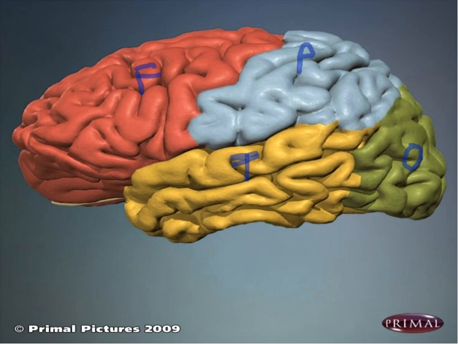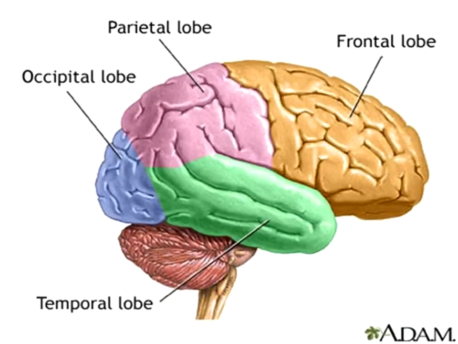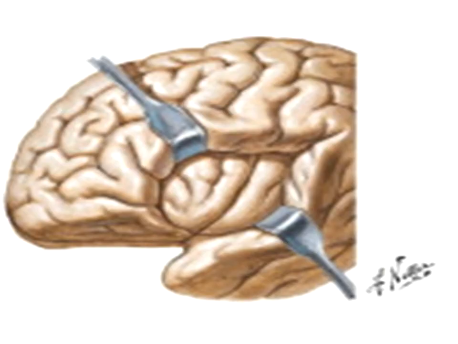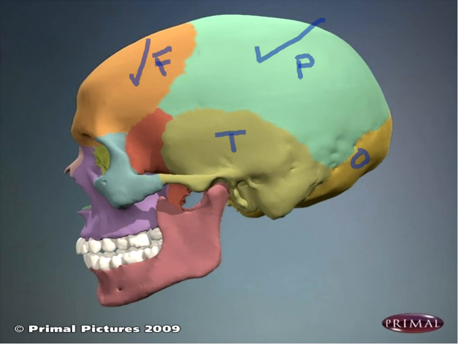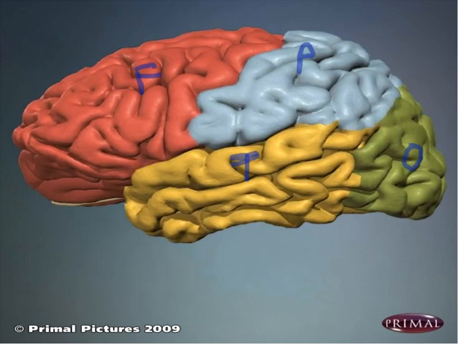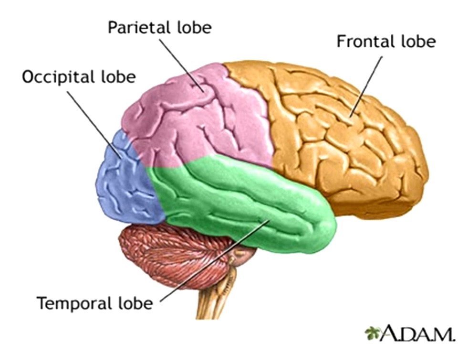And you can see that these lobes have many gyri and many sulci. So we have to learn the names of those sulcus, and that's what we're getting ready to do. Okay. Any questions thus far? Anybody have any questions?